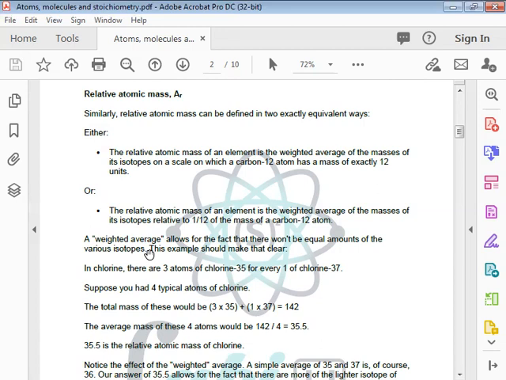Is this clear? The average mass of an atom of a substance is called relative atomic mass. It is not the mass of an individual atom. That is called relative isotopic mass. You can write this down. The relative atomic mass of an element is the weighted average of the masses of its isotopes.